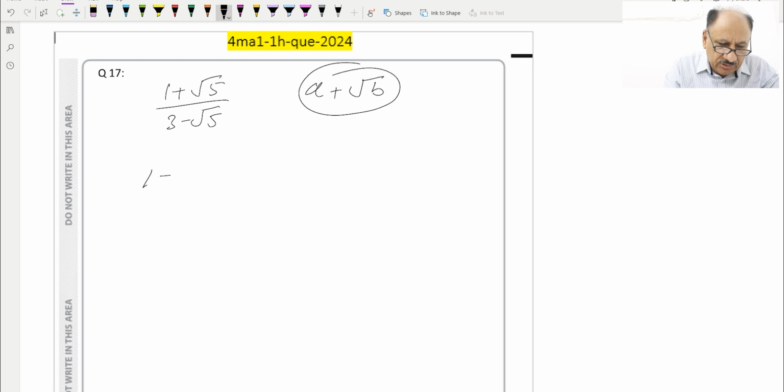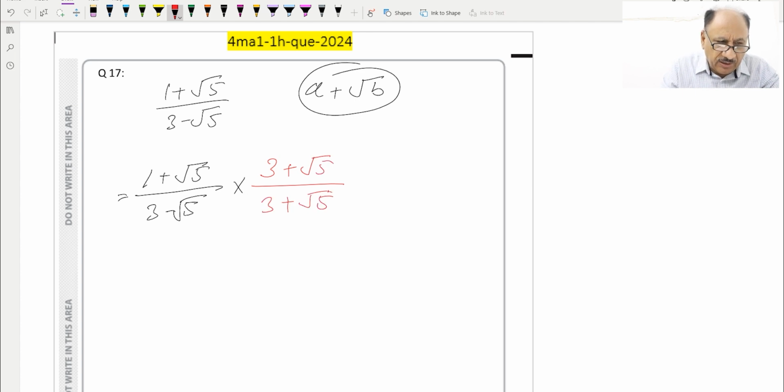So for rationalization, we write the question, and after that we multiply the numerator and denominator by the opposite sign of the denominator. So this will be multiplied by 3 plus square root of 5 over 3 plus square root of 5, the same thing.